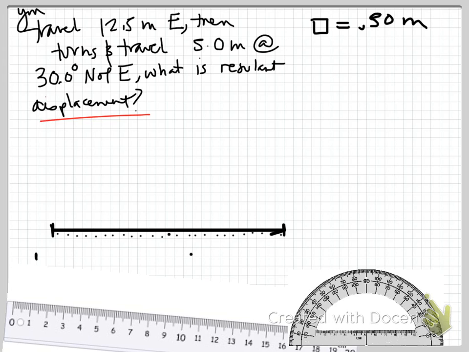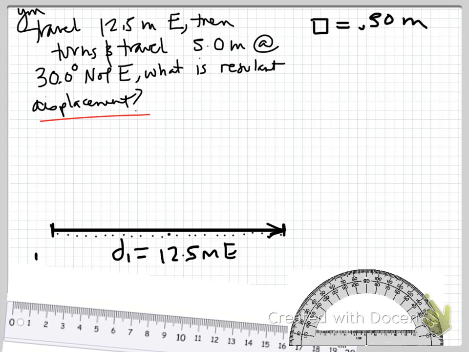Because we're talking about displacement here, I'm going to call it D1, and that is equal to 12.5 meters east. I want to make sure I have a good arrow on that. Do not leave the arrowheads off of your vectors. If you do, you will cause yourself a world of heartache and grief. It creates lots of opportunities to screw things up.